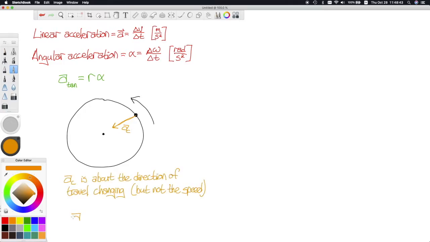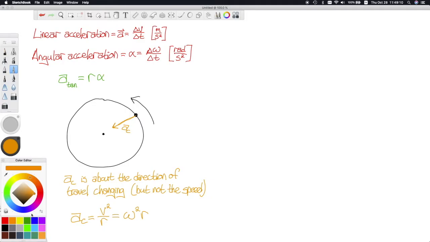We knew the centripetal acceleration always pointed towards the center of the circle, and it had the formula v squared over r, and we'll have a new formula for it if we want to, by changing that v over to an omega, using that relationship between linear and angular speed. You can also define the centripetal acceleration as omega squared times r.